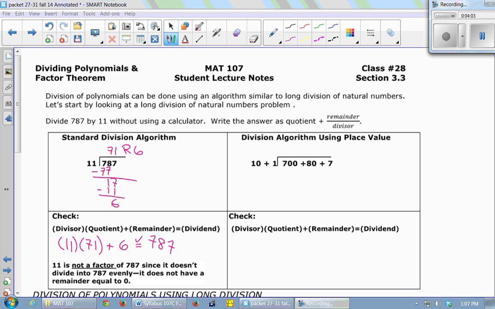How many times does 10 go into 700? 70, yes, 70 times. Okay, so I'm going to put 70 over the tens place. And then when I multiply, I'm going to get 70 times 10 is 700, and 70 times 1 is 70.